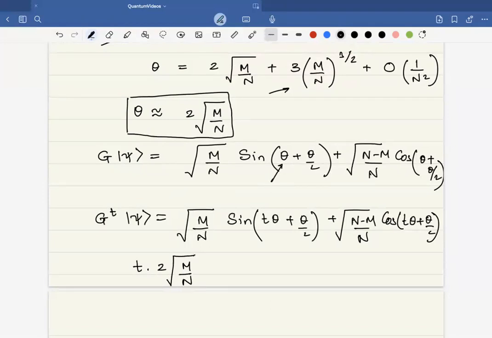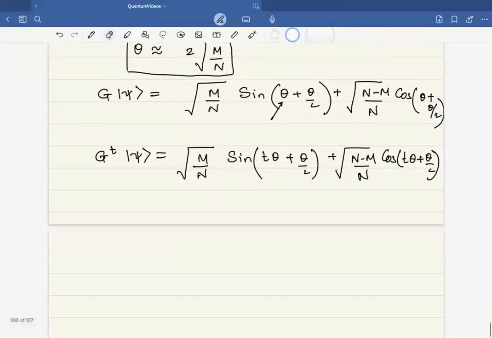And then initially we have an angle of rotation, which is theta over 2. So the ideal situation that we want is t times theta plus theta over 2 should eventually be pi over 2.